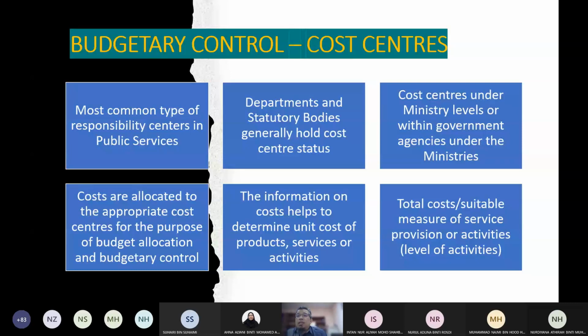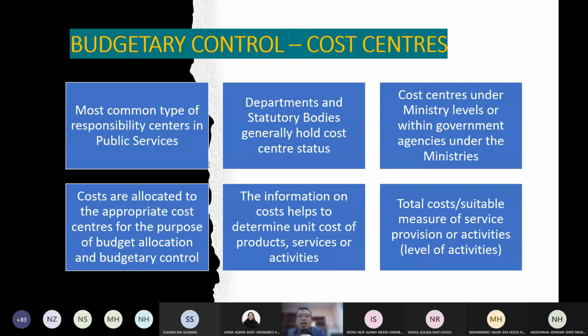Third, cost centers under the ministry level or within government agencies under the ministries. Costs are allocated to the appropriate cost center for the purpose of budget allocation and budgetary control. In other words, it's budget allocation. They are cost centers because they don't generate revenue. They are given budget to provide the services.